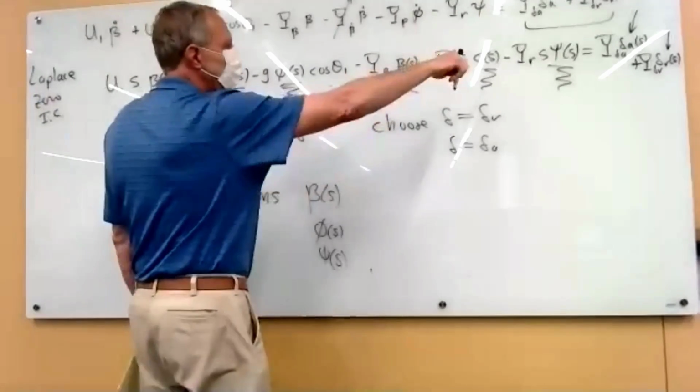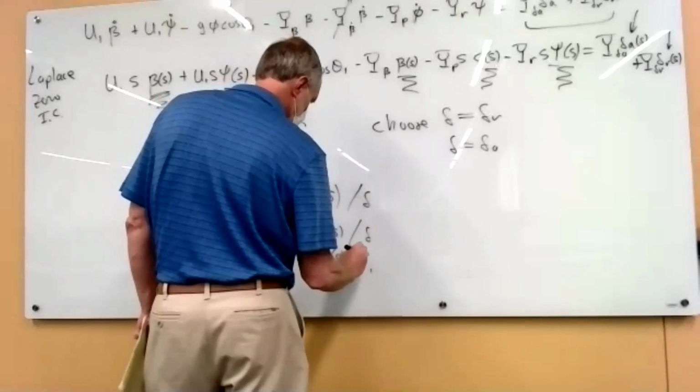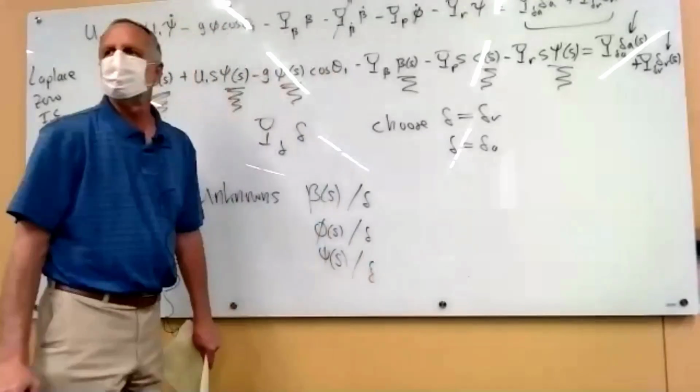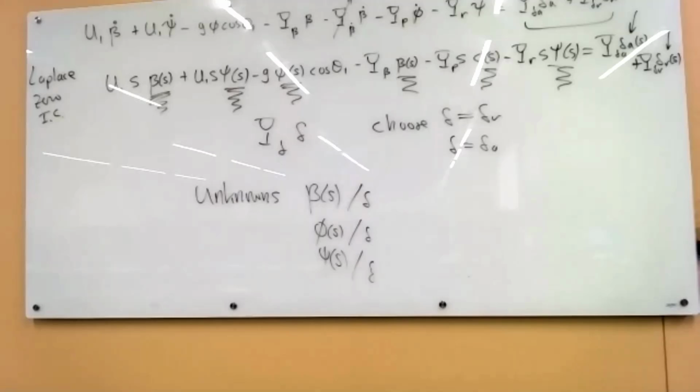And just like before, he divides both sides by the input so that we're solving for transfer functions. So again, we went faster this time because we've already done this before, and you've done this in homework, right?